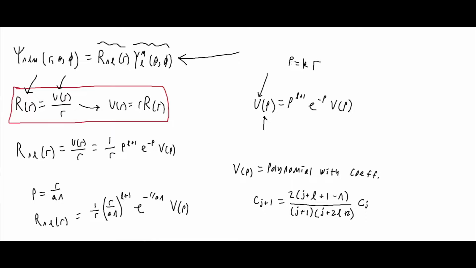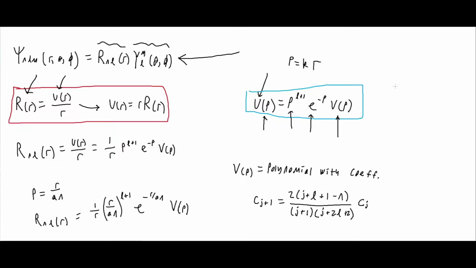We ended up with u as a function of rho being equal to rho to the power of L plus 1, times e to the power of minus rho, times this v that's a function of rho.